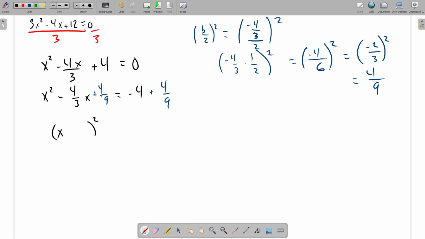The way I can easily identify what my term here should be is by looking at my b divided by 2 squared. Whatever b divided by 2 is, in this case negative 2 thirds, is what the b term in your factored version of the perfect square trinomial is. So over here I had a negative 2 thirds before I squared it. That's what's going to come over here every time.